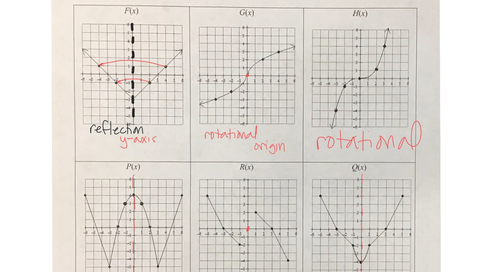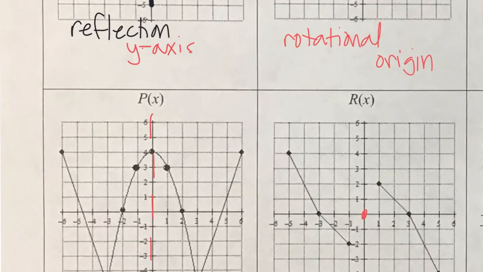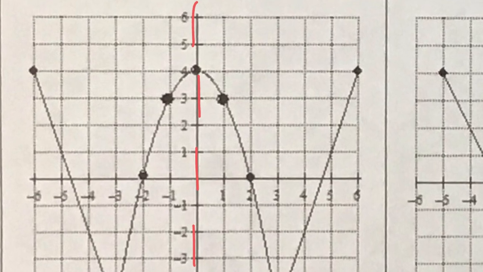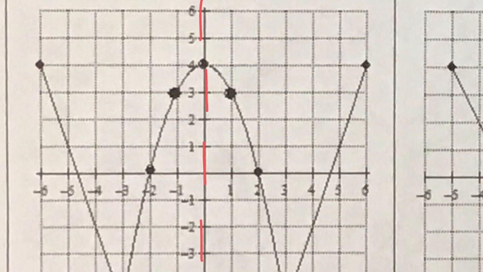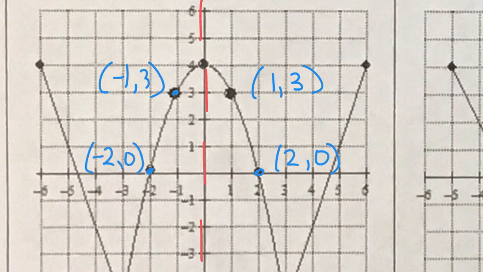So here is your symmetry. And we'll notice here, look at this reflectional symmetry. What about the points? What is happening to these x and y values when we have reflection symmetry? This point is (1, 3). This corresponding point is (-1, 3). This point is (2, 0). This corresponding point over here is (-2, 0). If we're looking at the x and the y values at each of these corresponding points, what do you notice about the y values?